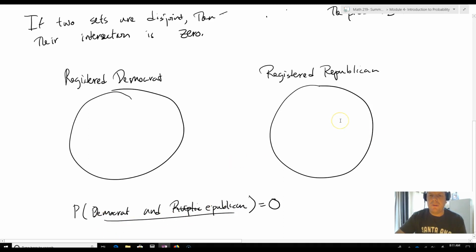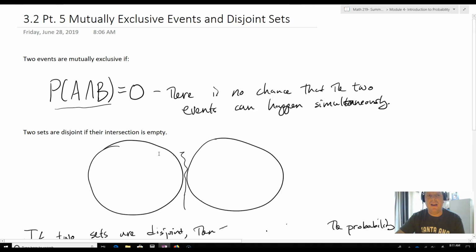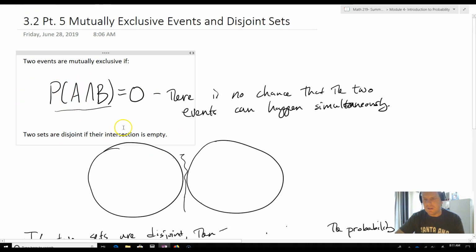So this kind of works both ways. What we've got here is that if we have two sets that are mutually exclusive, then the probability of their intersection is 0. If we have two events and their intersection has a probability of 0, then those two events are mutually exclusive. So this is actually a definition. It allows us to know that if the probability of A intersect B is equal to 0, then the two events are mutually exclusive.